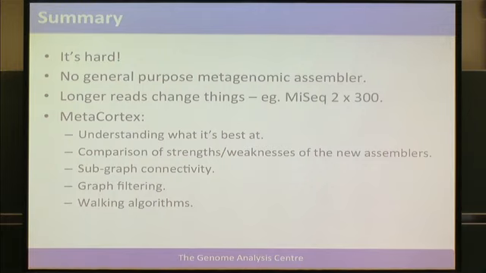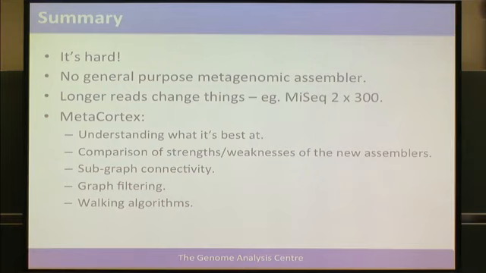As we've heard in some of the earlier talks, assembly is hard, and particularly metagenomic assembly is very hard. And I don't think there's one general purpose tool out there. I think there's space for a few assembly tools and a few different approaches. And it would be good to have better understanding in the field about what's the best approach for particular situations.